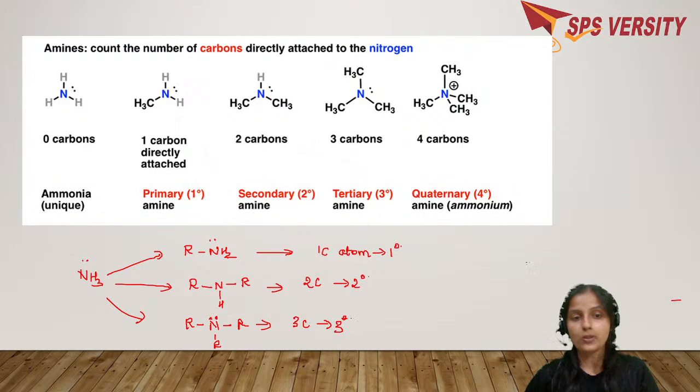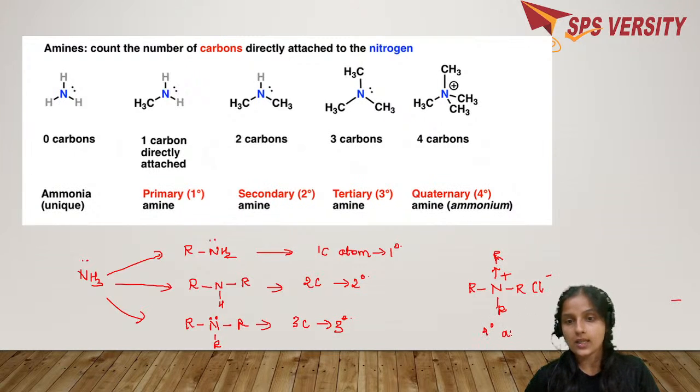Then there is one more possibility where the lone pair of electrons is given to an alkyl group to form a bond, and there is one more ion in the solution, say X minus or Cl minus. This is called a quaternary ammonium salt, just like NH4Cl. What is that called?